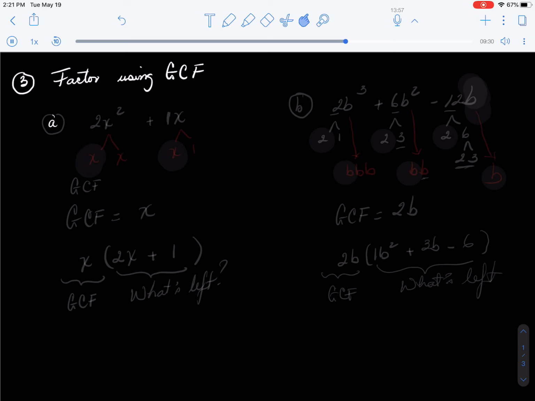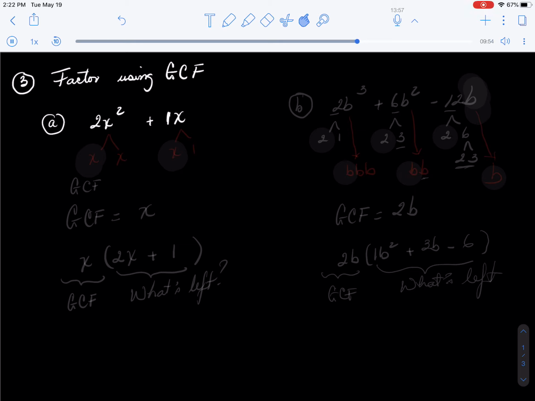So I'm going to look at 2x squared, and it is factoring. Now you have to think back of the factor tree. Since the coefficient on the first term is a 2, and the second term is a 1, they only have 1 in common.